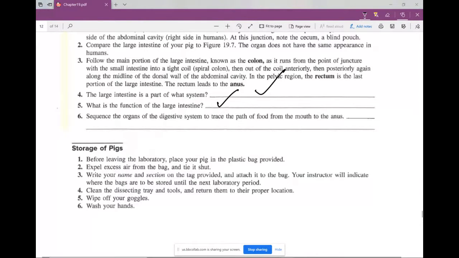Sequence the organs of the digestive system to trace the path of food from the mouth to the anus. So you start with the mouth. I'm not sure if that's different, but we'll put the next one as the oral cavity. Okay. Then we have the pharynx again.